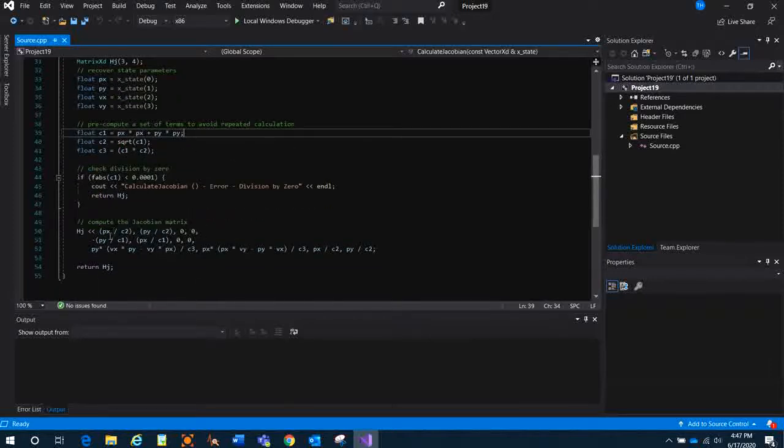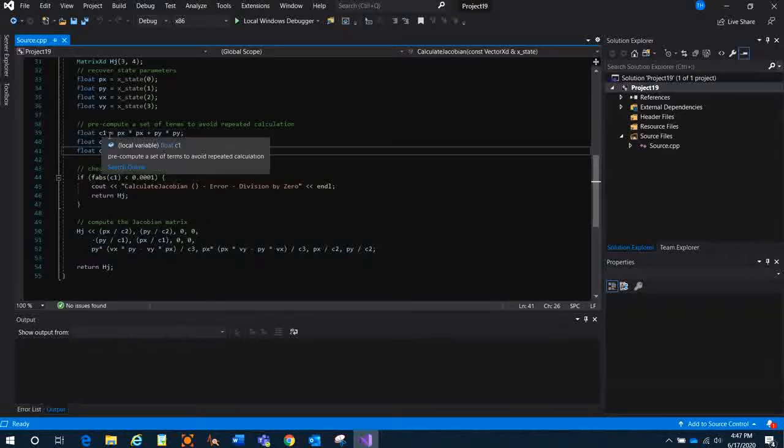And to simplify the Jacobian, we calculate the geometric terms outside. For example, c1 equals px squared plus py squared, and c2 is the square root of c1, because we don't want to write all of them into the matrix directly, so we can calculate outside and put them back into the Jacobian matrix.